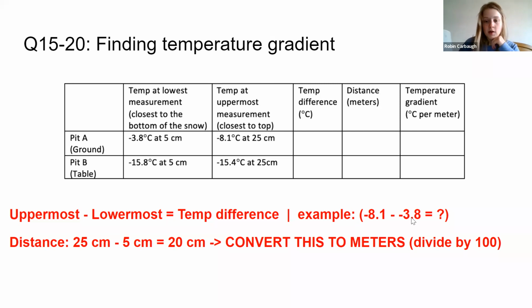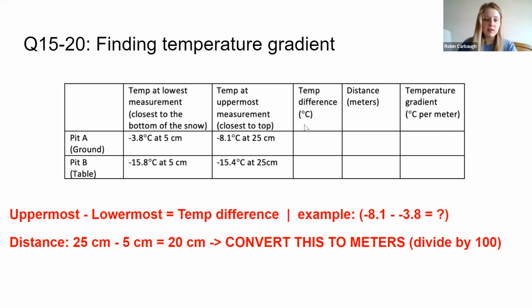So as an example, you would want to take negative 8.1 minus negative 3.8 degrees Celsius. And just be really careful with signs here because it gets kind of confusing when you're plugging in a calculator. Make sure you don't drop any signs. It's going to change your answers entirely. But we do this and you can get the temperature difference.